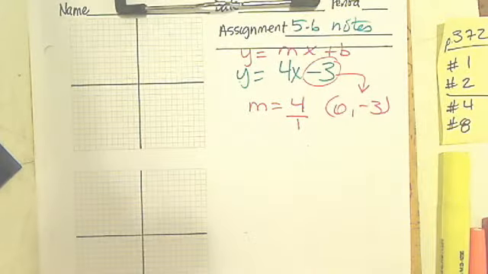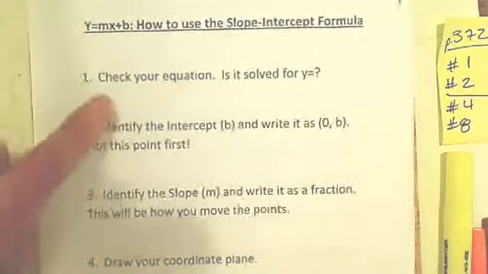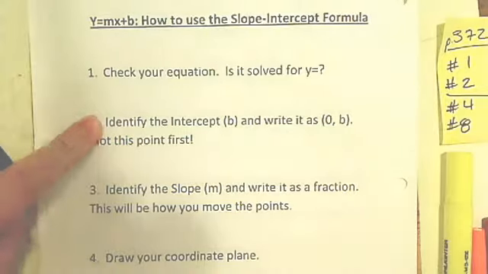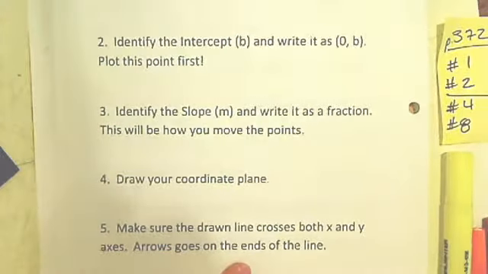On the back of your typed notes, there are specific graphing steps that I gave to you. How to use a formula. Solve for y equals, identify the intercept and the slope, draw the coordinate plane, and draw the line.